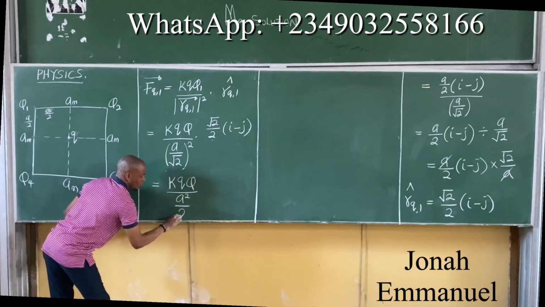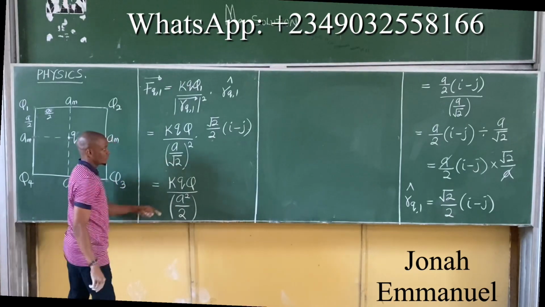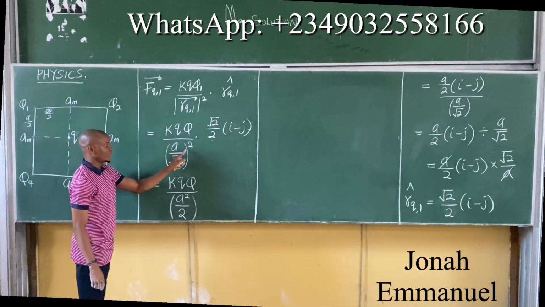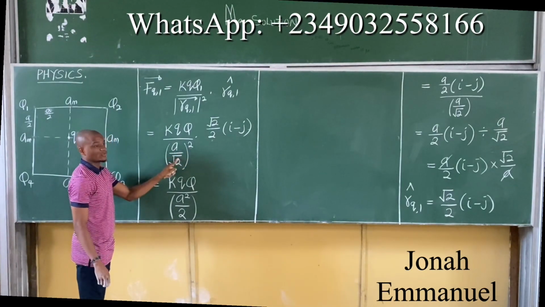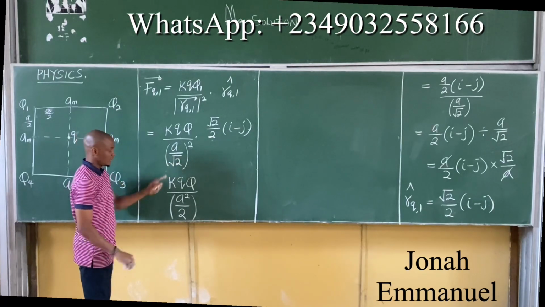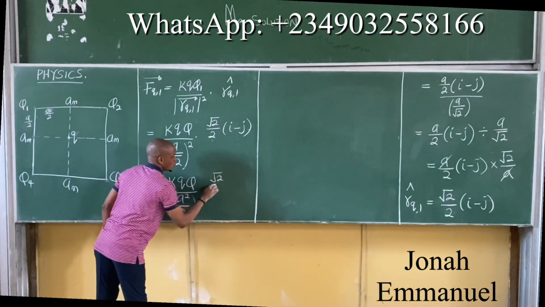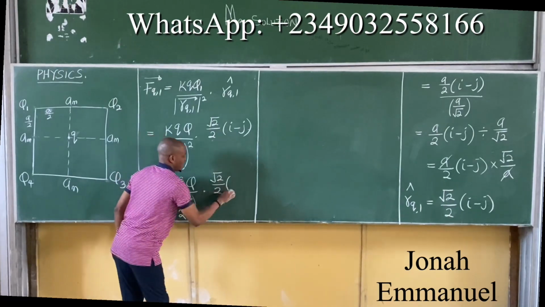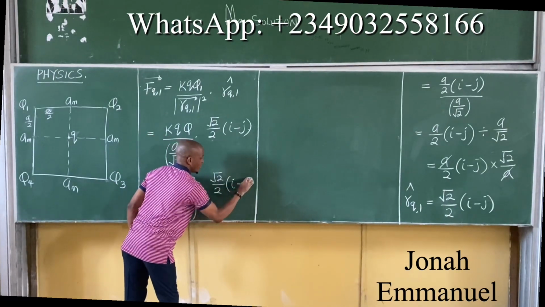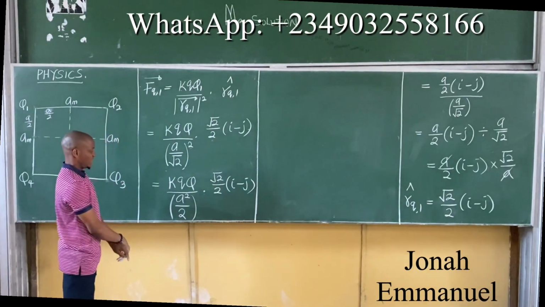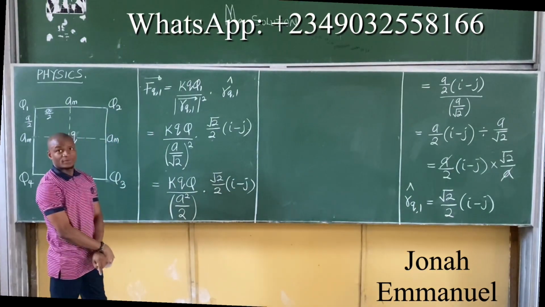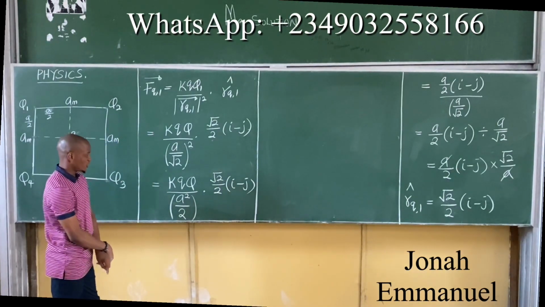So it gives you what there? 2. Let's save time please. So this and this, A squared. Here, I'm squaring the square root. It will cancel out. Dot, what do I have here? Root 2 all over 2 into I minus j. Let's see how we can work this up.